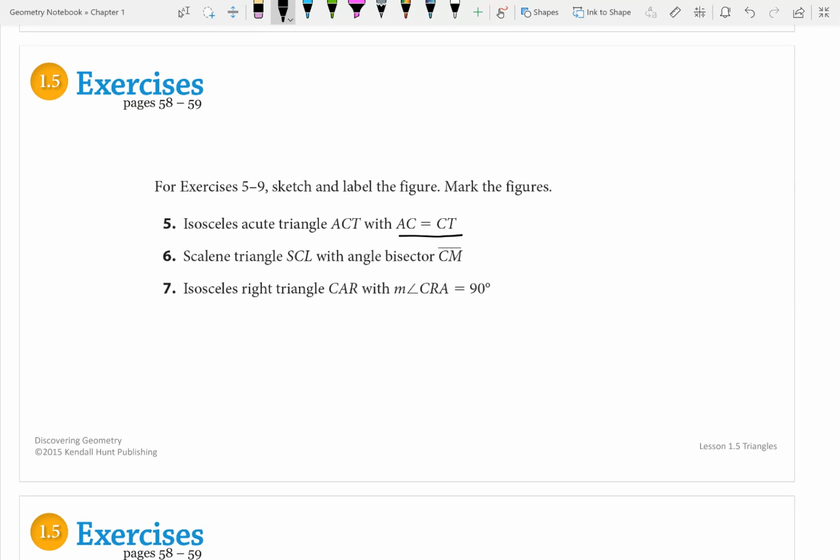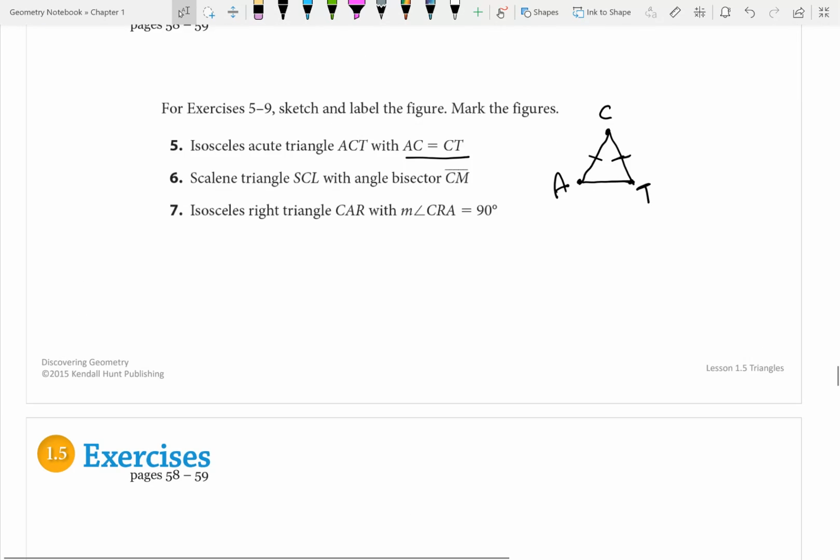So AC is equal to CT. So I'll go ahead and put C here, A here, T here. So CT and AC, those will be congruent. And notice none of the angles are more than 90 or equal to 90, so it is acute. And isosceles.